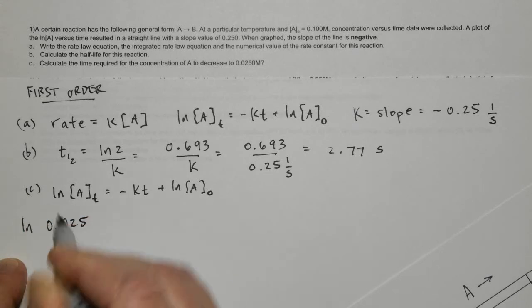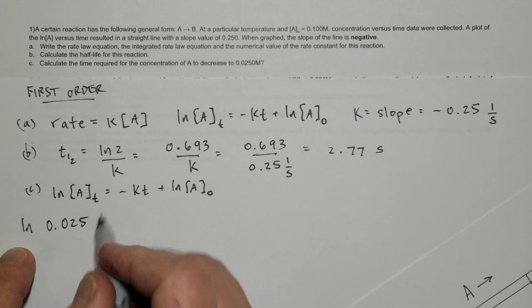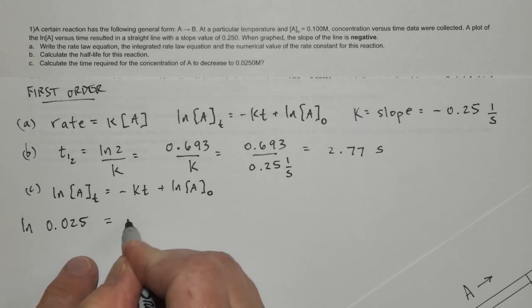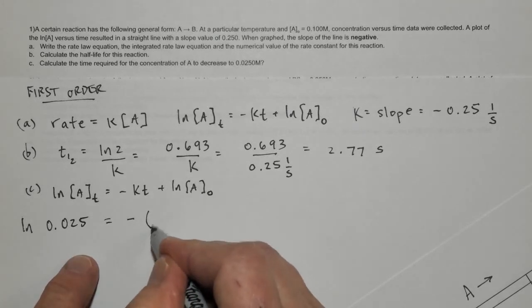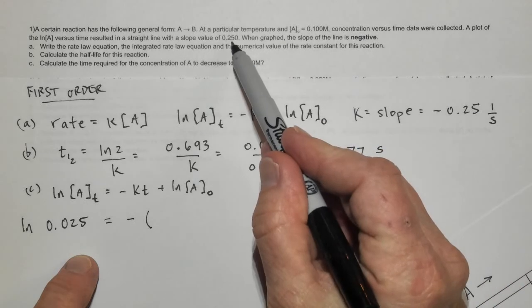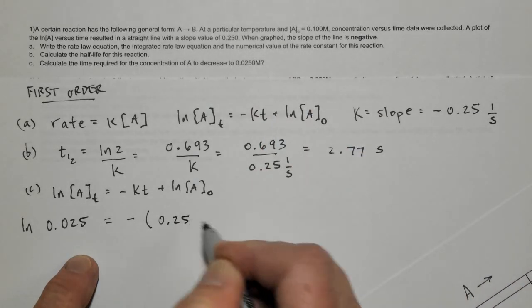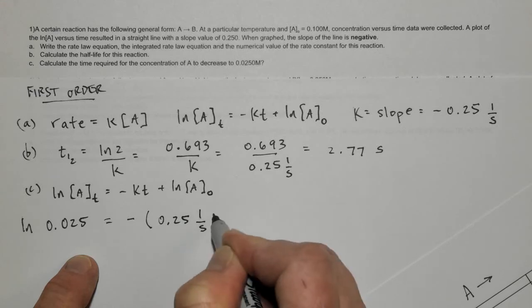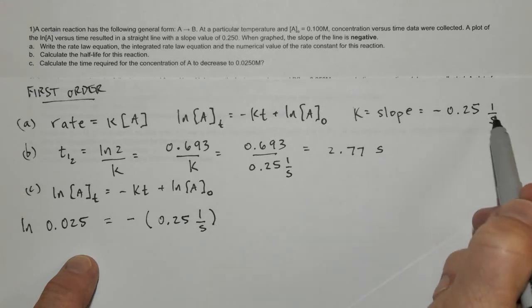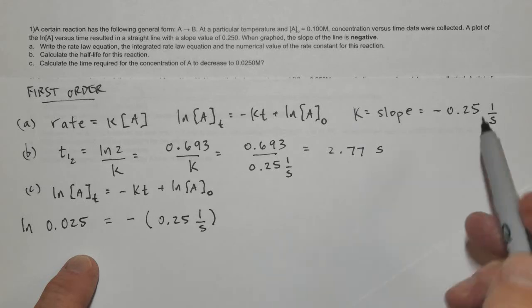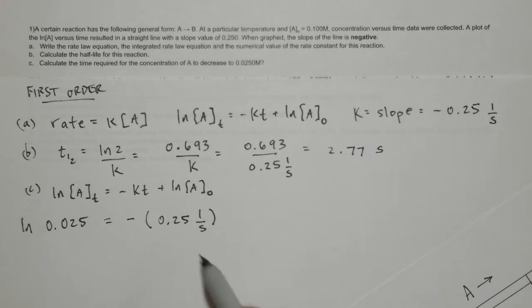We can drop the units now because the natural log is going to be an exponent, and that doesn't have units. Then negative k, and they told us k is 0.25, in 1 over seconds.